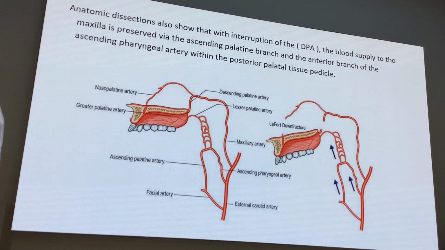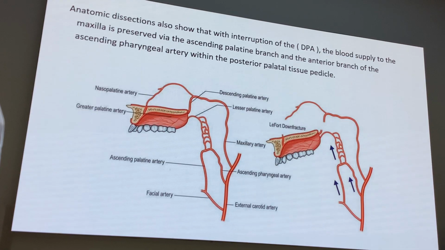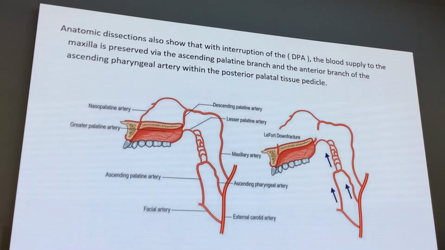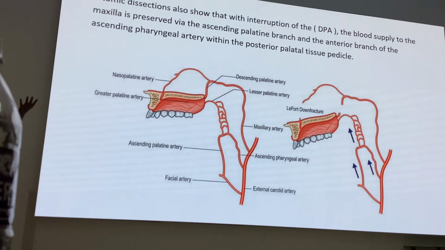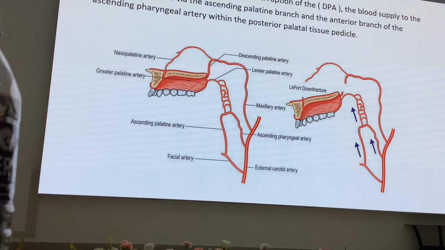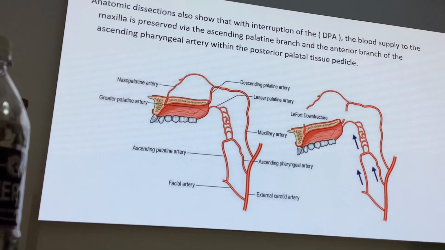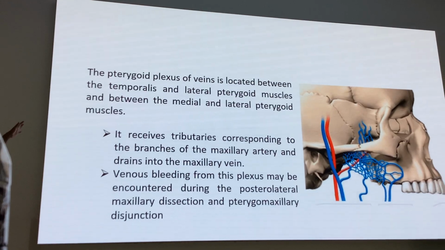You can see it gets the supply from the ascending pharyngeal as well as the ascending palatine artery. So while you are down fracturing the maxilla, it is a nightmare to start with, because sir will be talking regarding the complications. He will be talking about the details regarding such things.